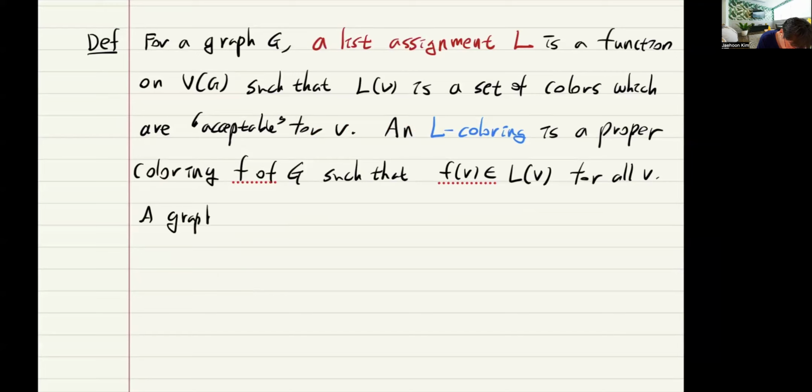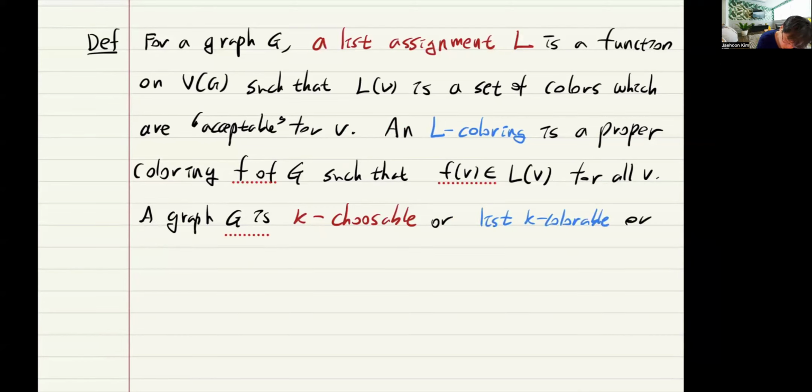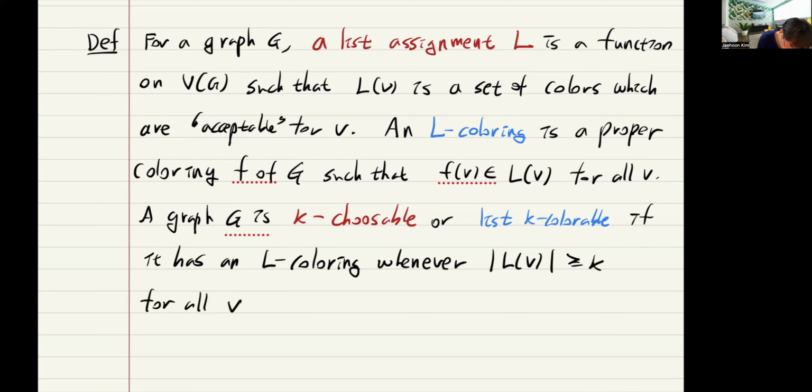And we say that a graph G is k-choosable, in the sense that you are choosing your color from this list, or we say that it is list k-colorable, if it has an L-coloring whenever the list at every vertex has size at least k.